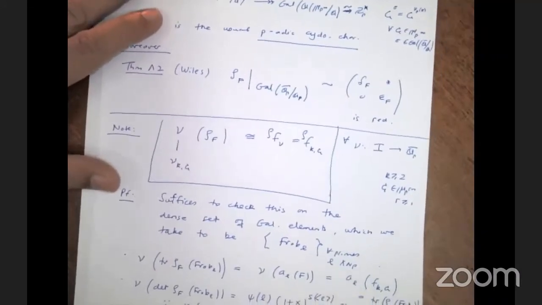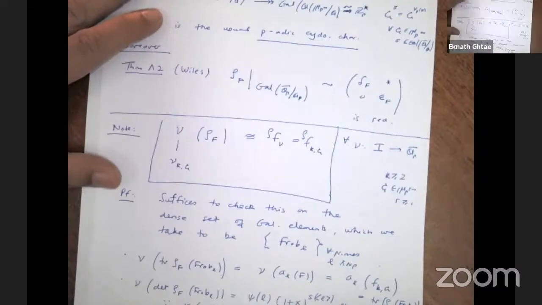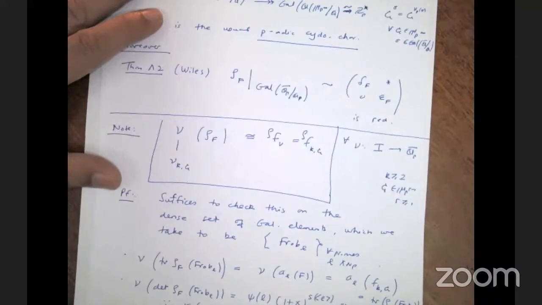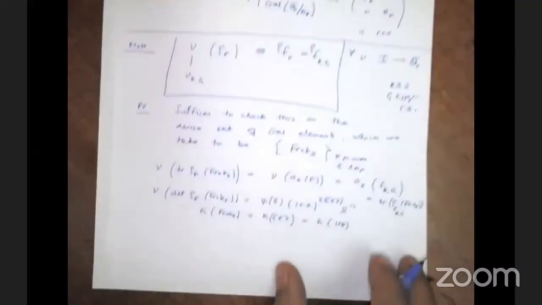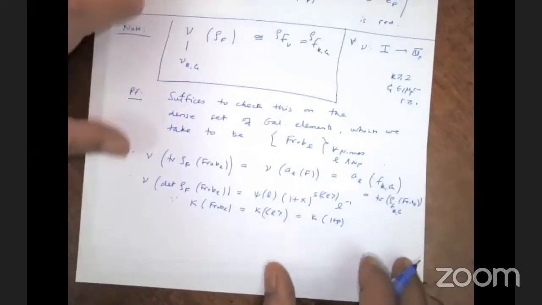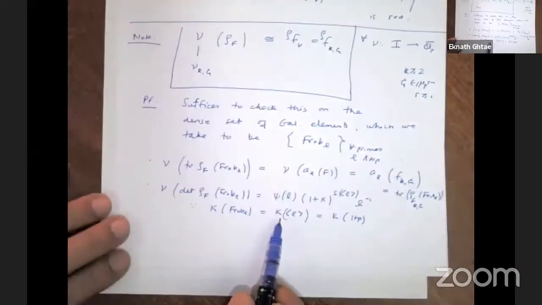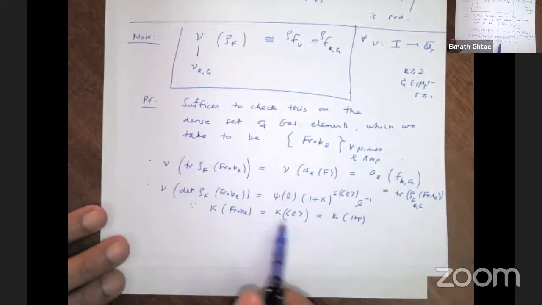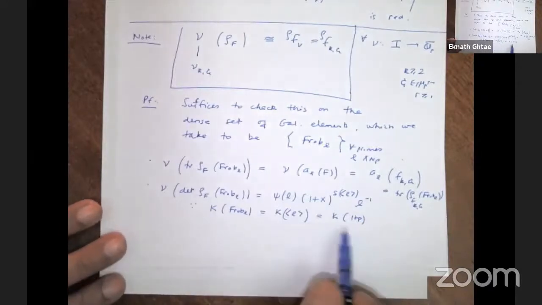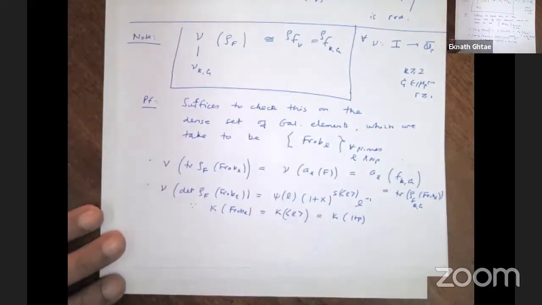Let's rewrite diamond of L as a power of 1 plus p, because I only defined kappa on 1 plus p.